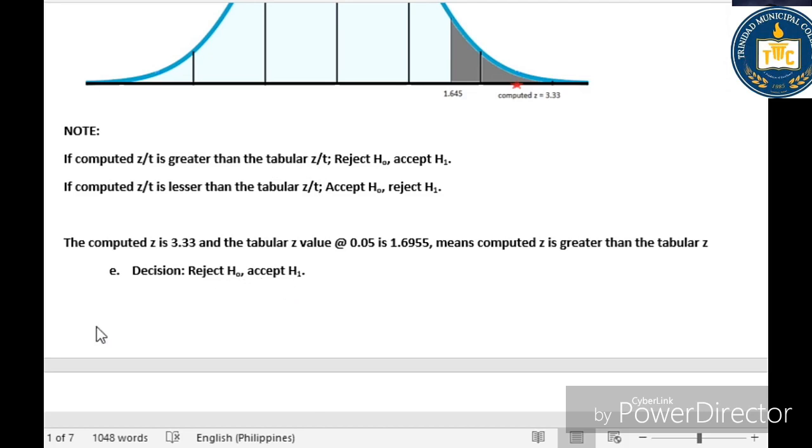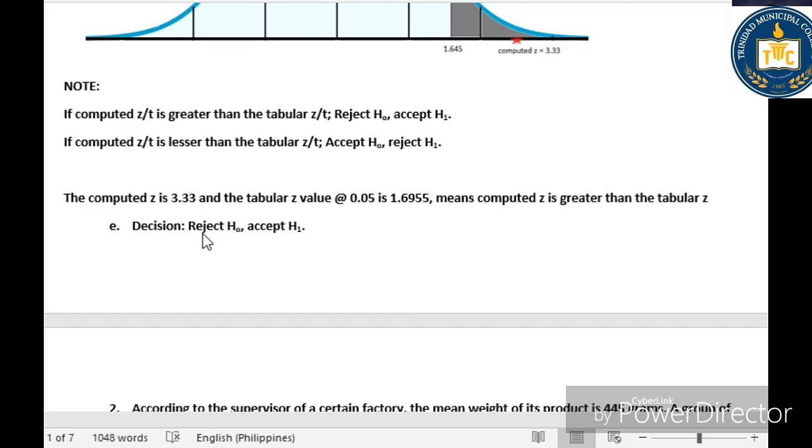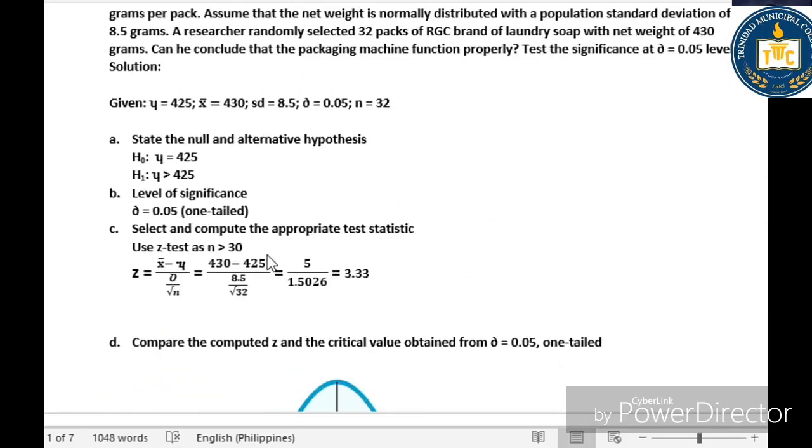So, based on our decision, which is reject null and accept alternative, let's go back to our step A, our hypothesis. We reject our null hypothesis, which is the mean is equal to 425.